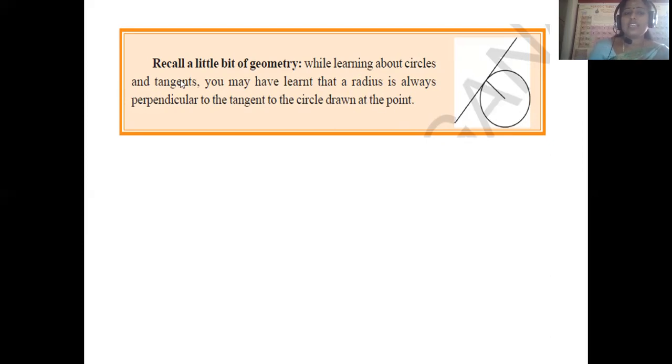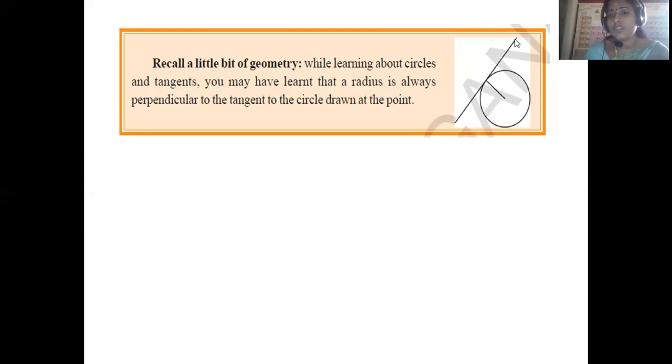While learning about circles and tangents, a tangent is a hypothetical line drawn from the surface that is perpendicular to the radius. The radius is always perpendicular to the tangent drawn at that point.